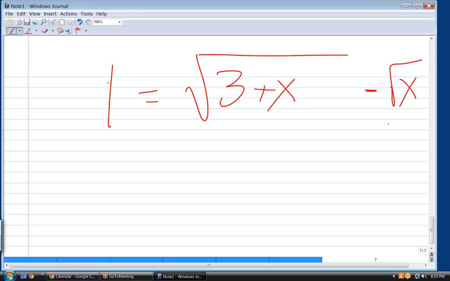Okay. Perfect. When you have two radicals in an equation, you have to try to eliminate both of them. But sometimes it's hard. This is a hard problem. What's the first logical step?